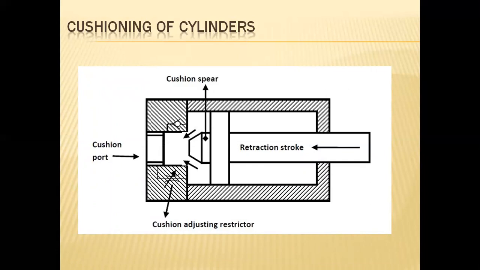Absorbing some of the pressure and arresting it to a particular extent without causing any damage to the major components within the body of a control system is called cushioning.